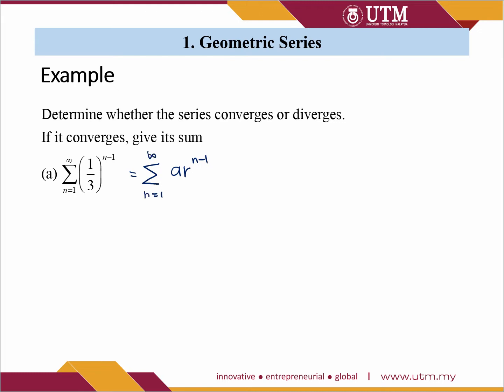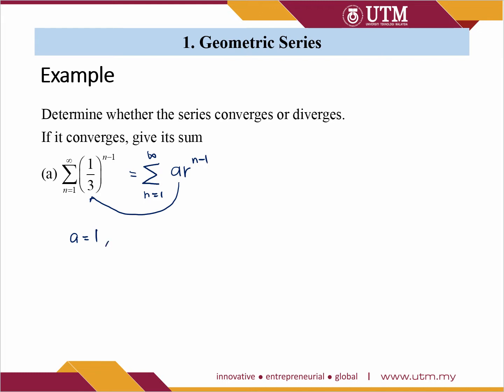So you can see here it is equivalent to this geometric series. So now we can determine the value of a and also the value of the common ratio, which is r. Based on this, we make a comparison. You can see here our a would be equal to 1, because there is no value in front of this fraction.